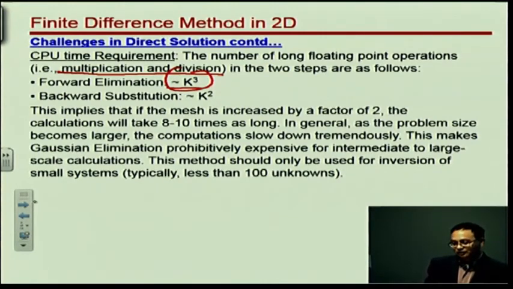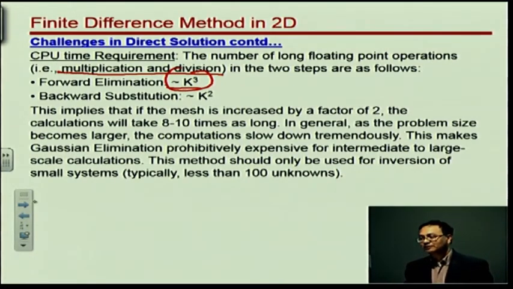If the problem size goes up by a factor of 10, computational time goes up by a factor of 1,000, which is a big problem. Imagine something you were calculating in 10 minutes is now taking 1,000 minutes. 1,000 minutes is not a joke. It's a lot of time.